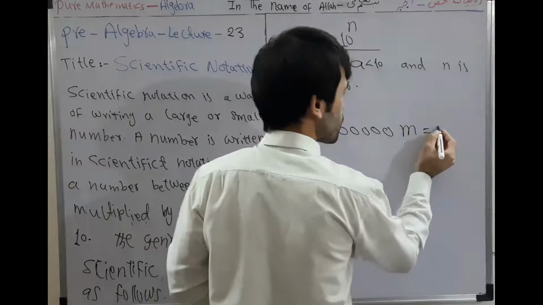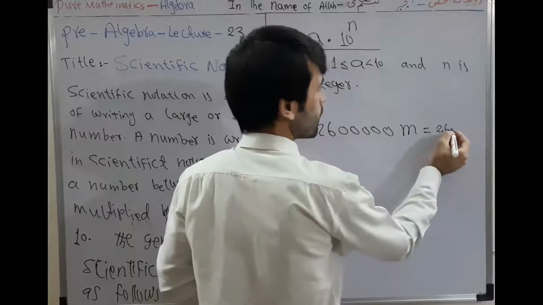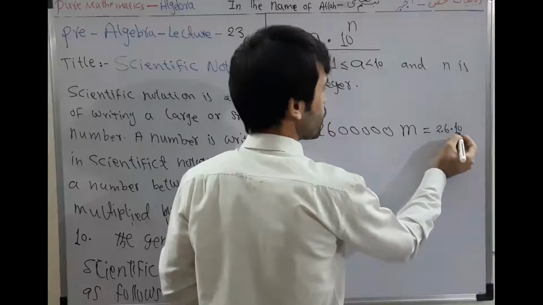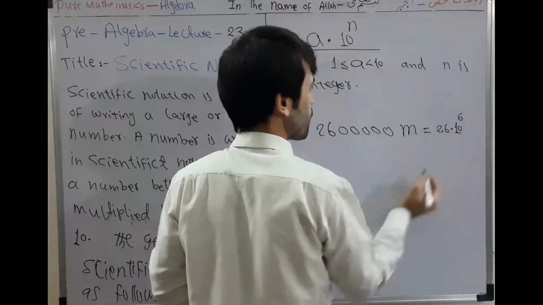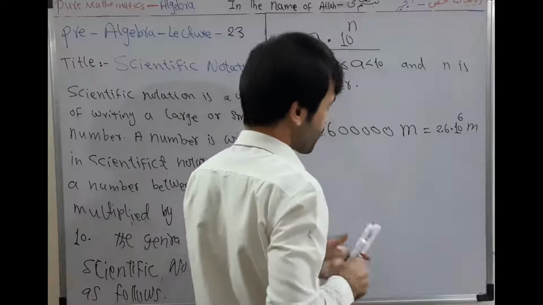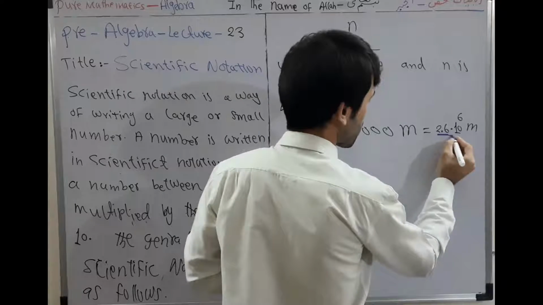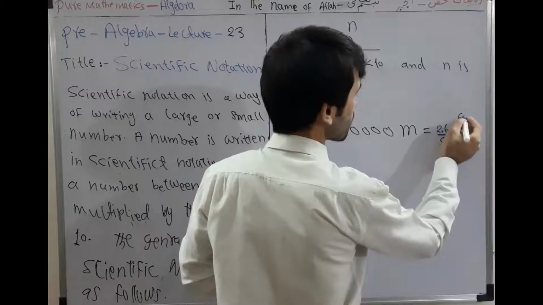It is equal to 2.6 multiplied by 10 to the power 1, 2, 3, 4, 5, 6, so 10 to the power 6 meters. Here, if you notice, this is a, and this is n.